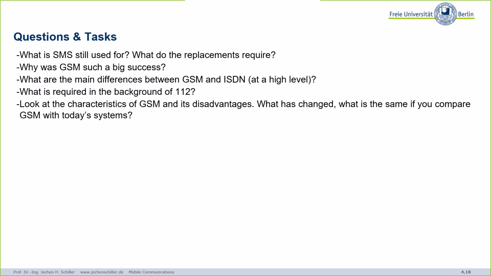Plus, it has a big advantage that you decouple the use of the mobile station, the device, and the subscriber identity module. I will come back to this in the next section. So that's a point. So this decoupling is a big success factor.